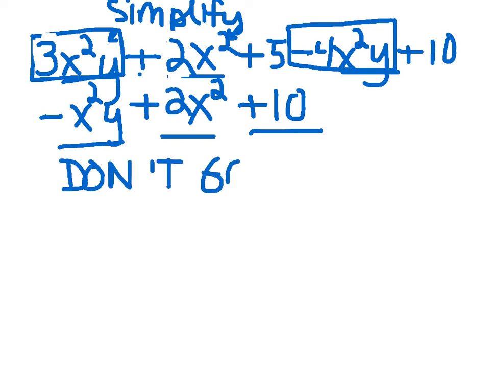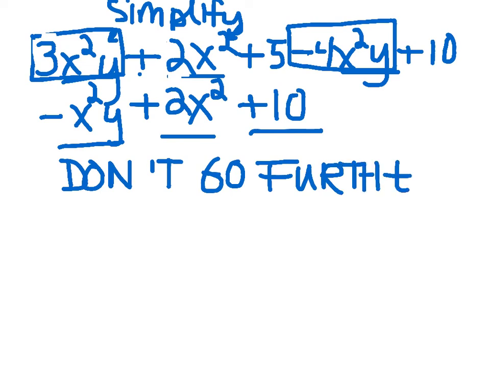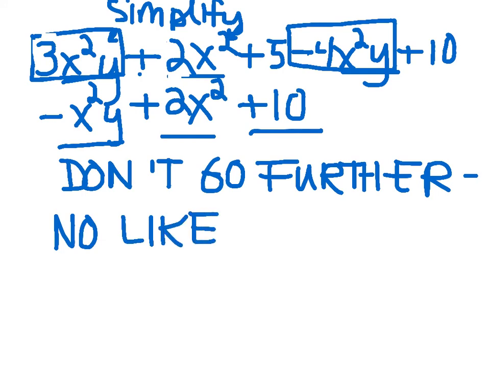Don't go further. We have no like terms. Only combine like terms. Your polynomial is simplified when you get to the point when there are no more like terms.